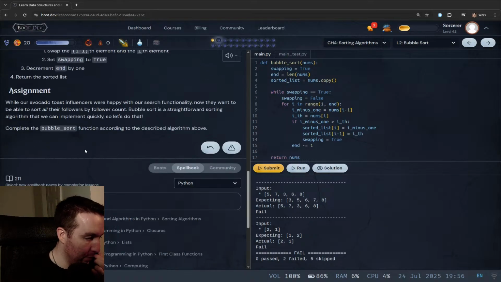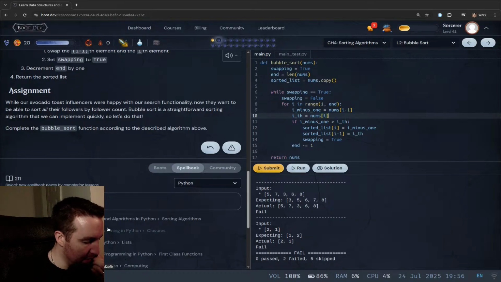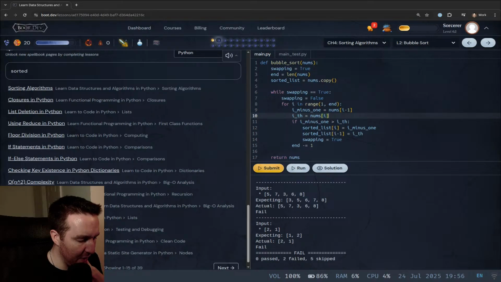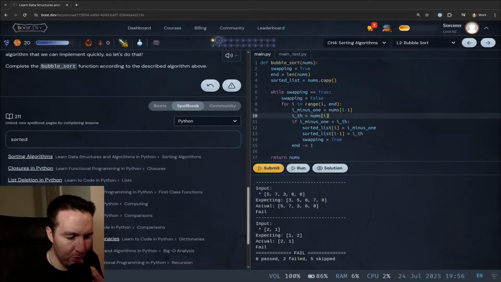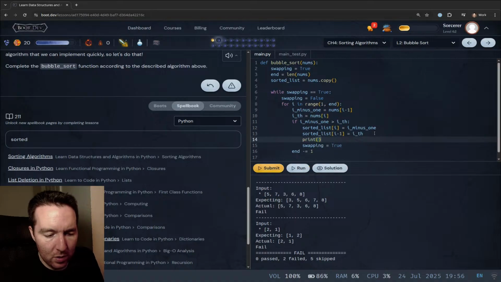It's going to be something really basic I'm doing wrong. I'm doing something basic wrong, but I can't figure out what it is. But I feel like it's just a Python thing. I'm just screwing up. Let me just print what the sorted list is at that point.